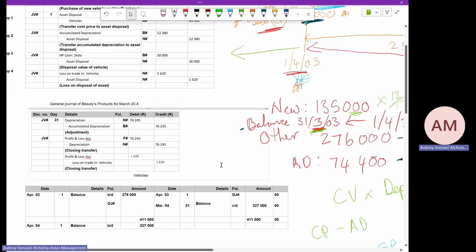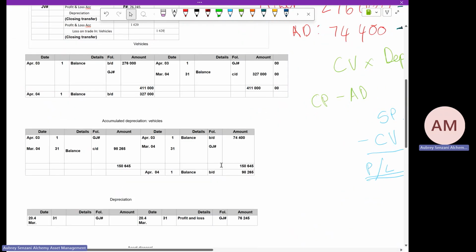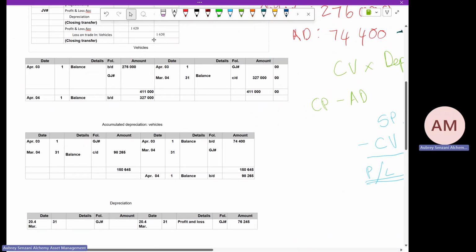But they wanted us to also record in the general ledger. So I have kept some amounts to make our life easier, because I knew we would be racing for time one way or another. The vehicles account on the 1st of April, our opening balance was 276.